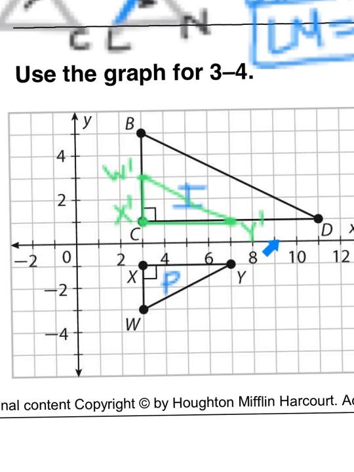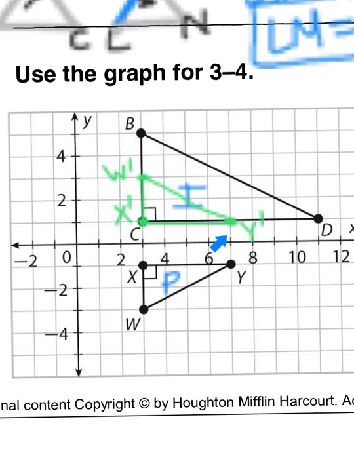The X was 1 unit away from the x-axis, so if I move 1 unit up from the x-axis, I end up at X prime. And the W was 1, 2, 3 spaces away from the x-axis, so if I start from the x-axis and move up 1, 2, 3 spaces, I end up with W prime.